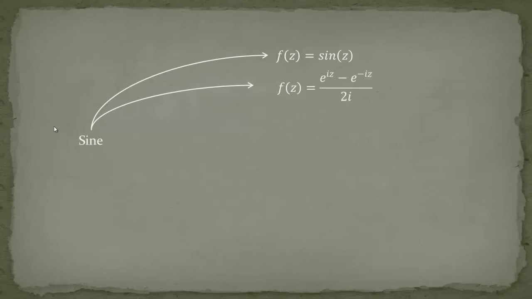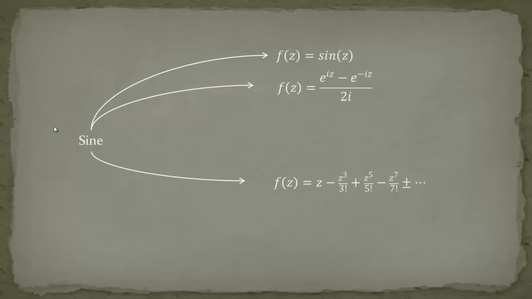If you are even more advanced in mathematics and you know something about infinite sums and convergence, then you can write down another representation, which is this one. You can write down the sine function as a Taylor series. The Taylor series of the sine function is z minus z cubed over 3 factorial plus z to the 5 over 5 factorial minus z to the 7 over 7 factorial, and so forth.